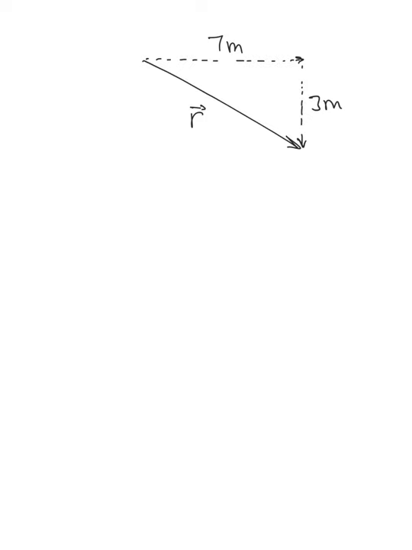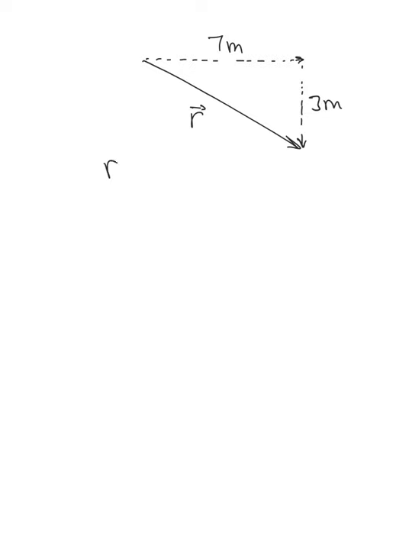Now that we've seen how we can build a vector out of a magnitude and a direction, let's see how we can break apart a vector into its magnitude and direction and write it as a magnitude multiplied by a unit vector. So for example, let's assume I have some r vector, which is a distance vector because the sides have units of meters. And I want to be able to write this as some magnitude multiplied by a direction.